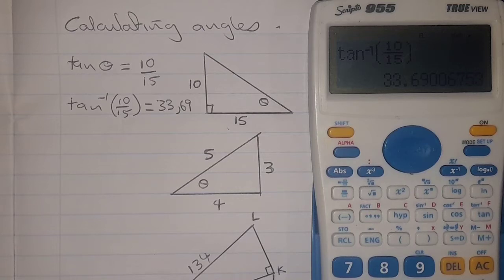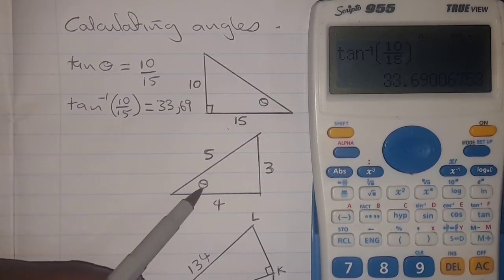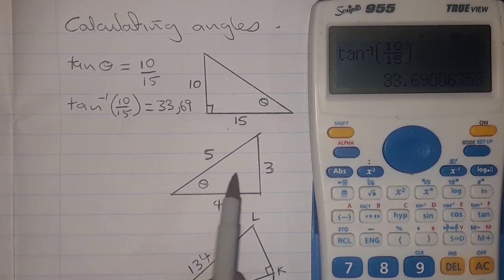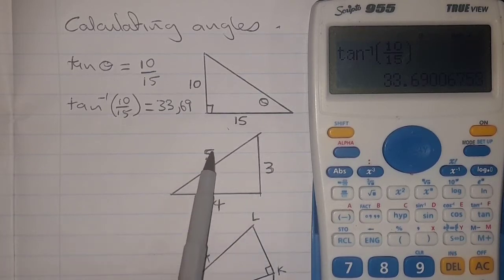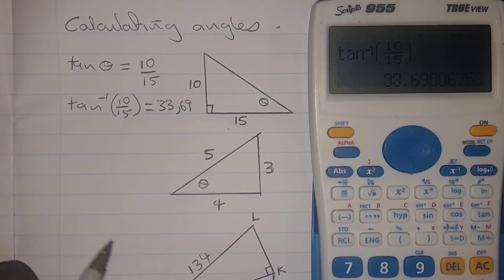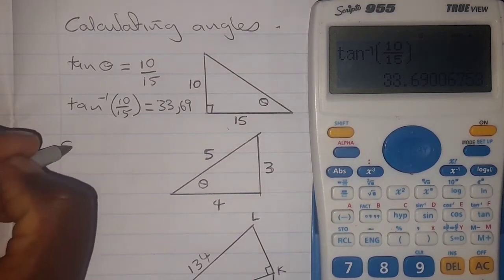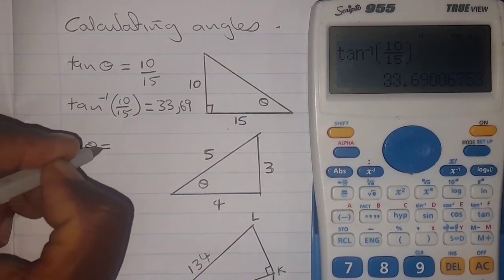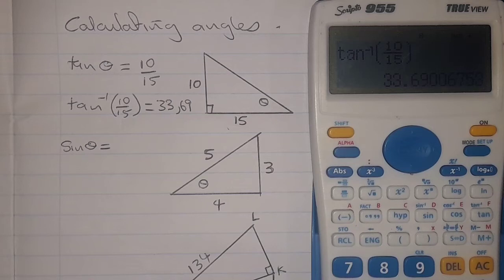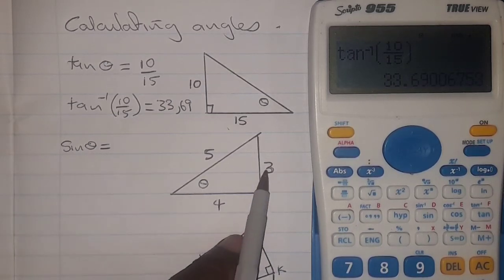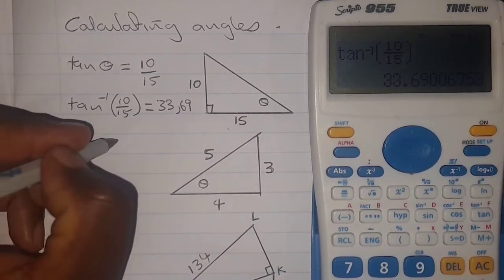And then the second triangle, we have angle theta, then opposite is 3 units, hypotenuse 5, adjacent is 4 units. Now how do we get theta? I want us to get theta making use of tan, using cos, and using sine. The first one, sine theta is equal to opposite over hypotenuse. That is 3 over 5.